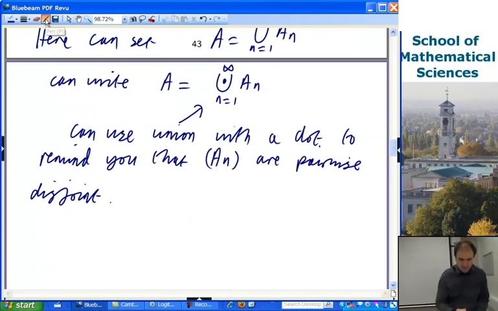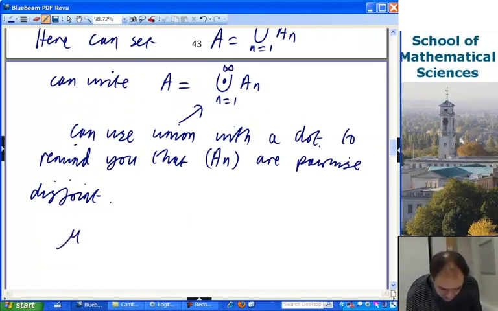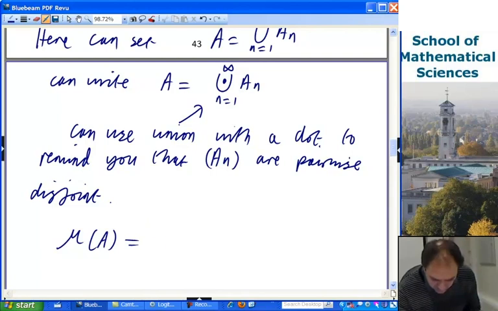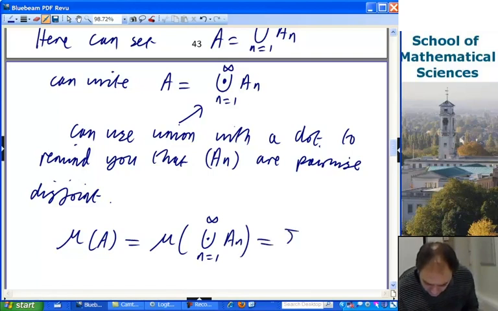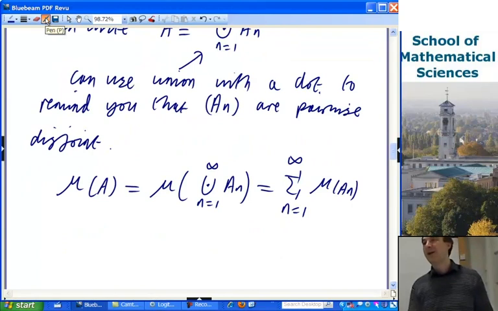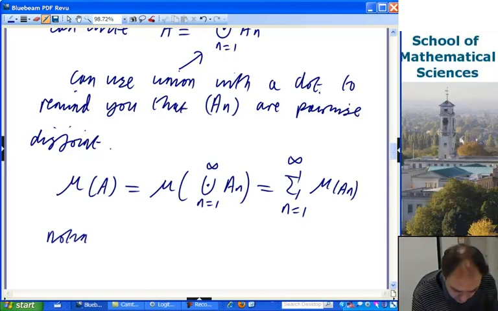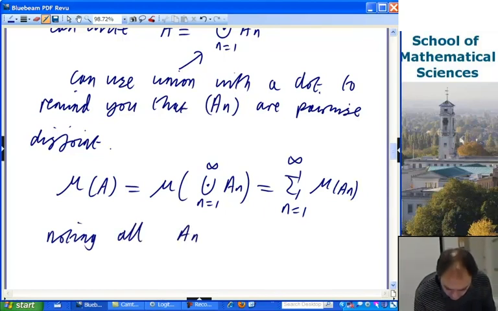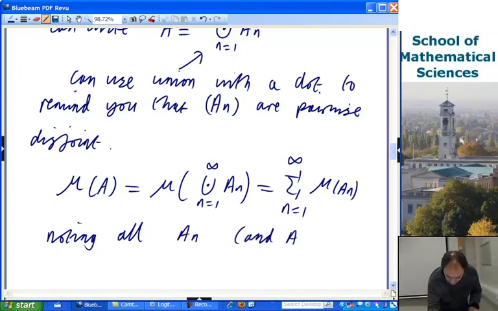And so we've got the measure of A equals the measure of the disjoint union from n equals 1 to infinity of A_n, equals the sum from n equals 1 to infinity of mu of A_n, noting, of course, that all of the sets involved are in your sigma algebra F, and of course A as well.